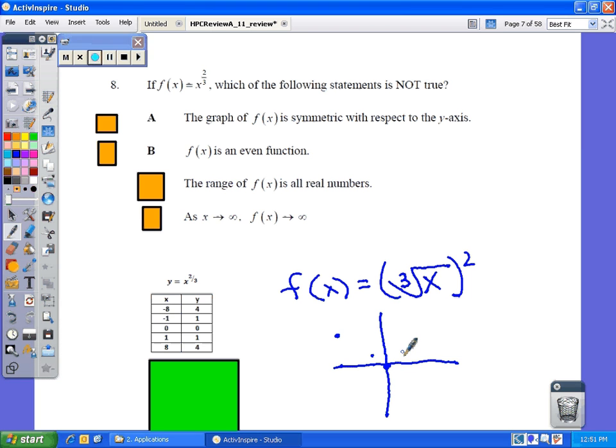And I have a 1, 1. And I have an 8, 4. So what do you notice? That this graph, no matter whether I put in a positive or negative x, my range values are always going to be positive. Which means this cannot be true.